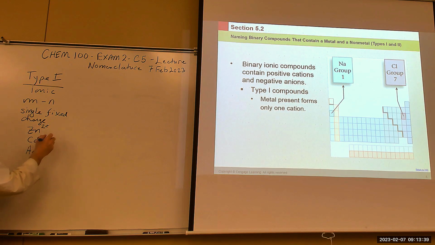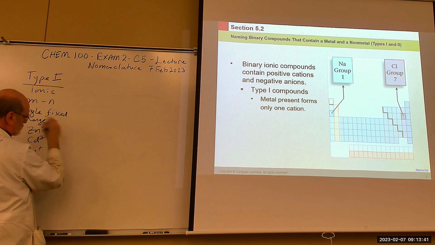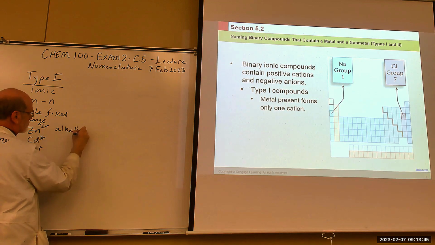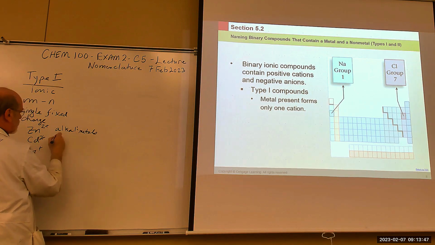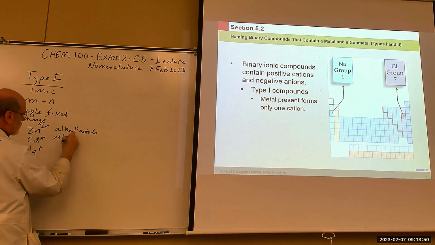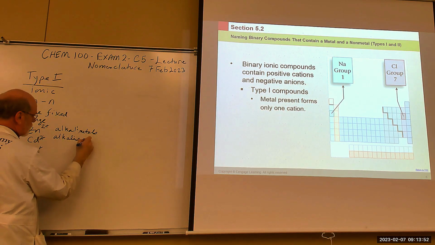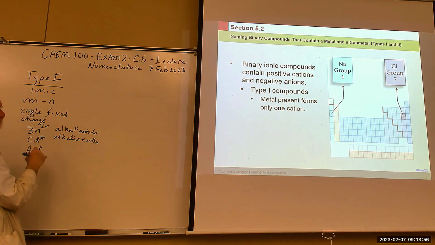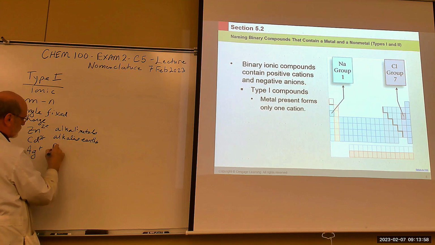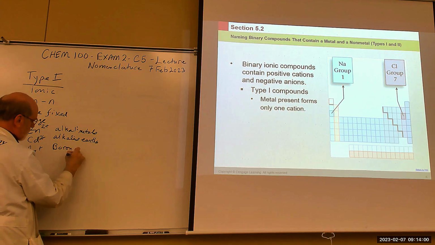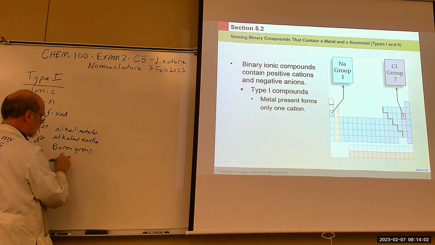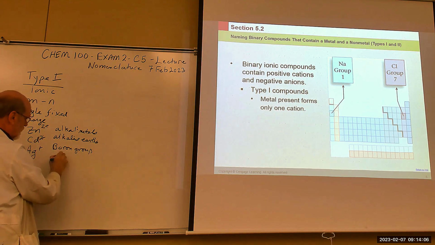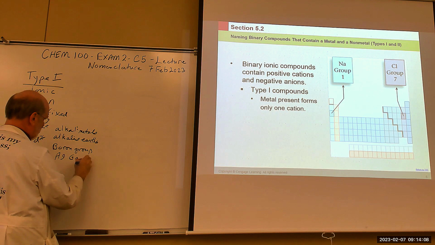And the other fixed charges are the alkaline metals, the alkaline earths, and the boron group. Except we exclude boron because it's a non-metal. So this would be aluminum, gallium, and indium.